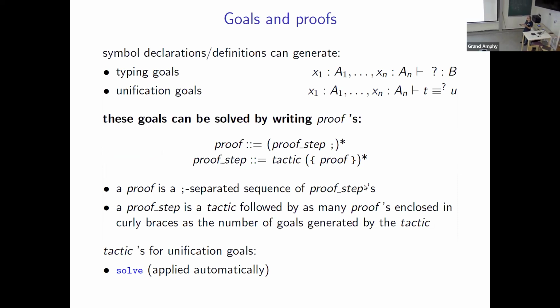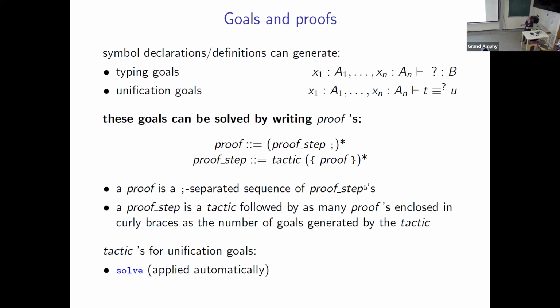When you declare a symbol or try to find something, the system may generate a number of problems that you have to solve in order to make sure that your declaration or your definition is correct, which means typable.